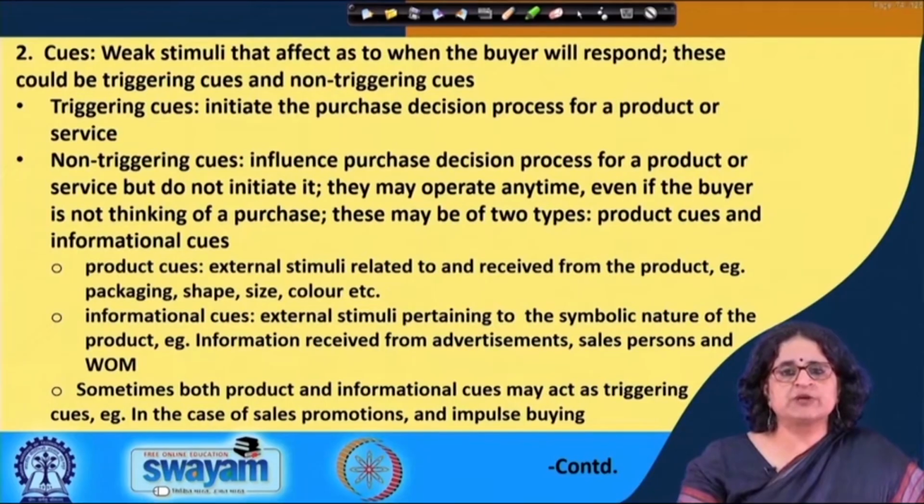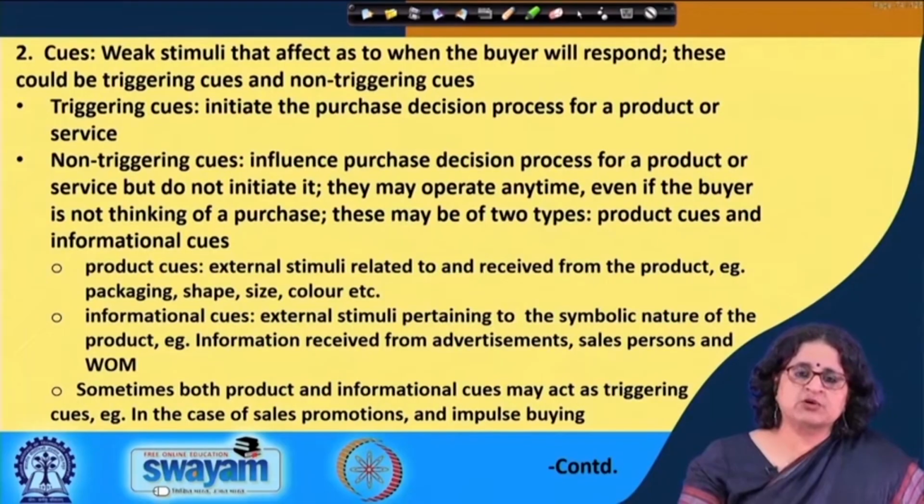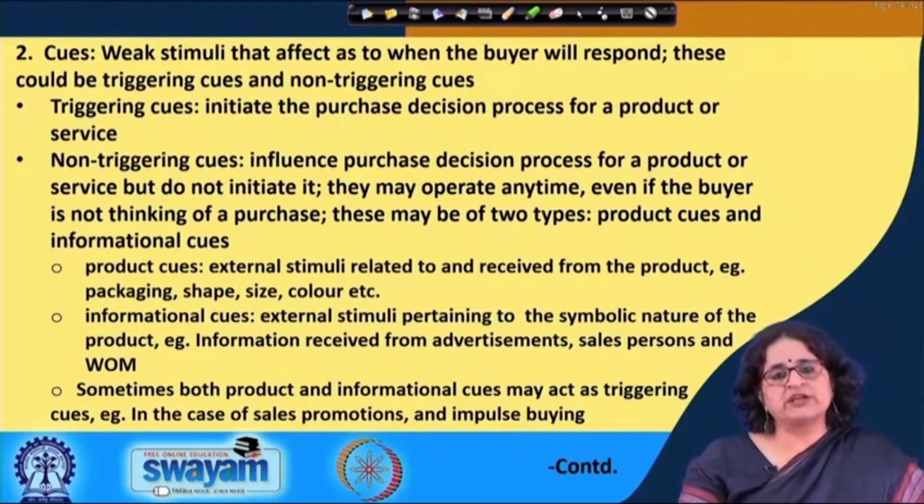Similarly, salespeople may talk about both the functionality of the product as well as the emotional or symbolic benefits that the product brings about. And again, word of mouth communication takes place between consumers when they share information, give advice to each other, or share experiences. In all these cases also, a lot of the information that is shared is very symbolic in nature. So these are a part of what we refer to as informational cues.